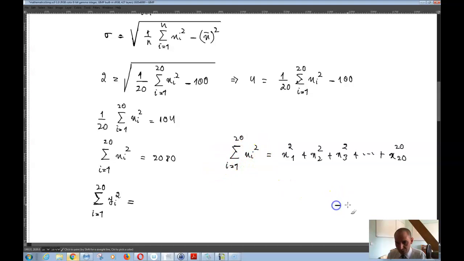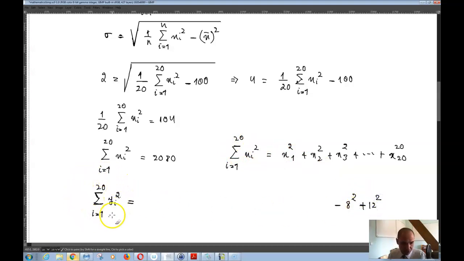So I need to subtract an 8 squared from this sum, and then instead of that I need to add a 12. To add the 12, I need to add it as 12 squared, because this is sigma x of i squared. So I need to add a 12 squared here.